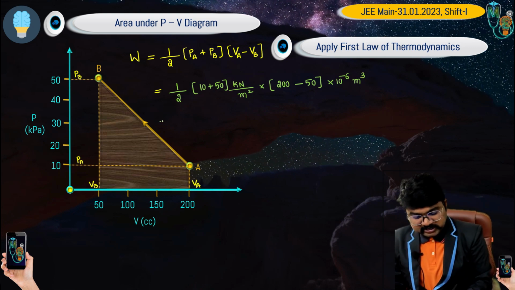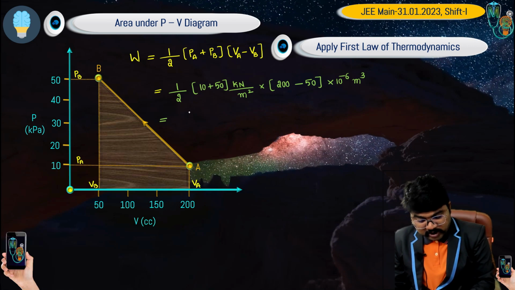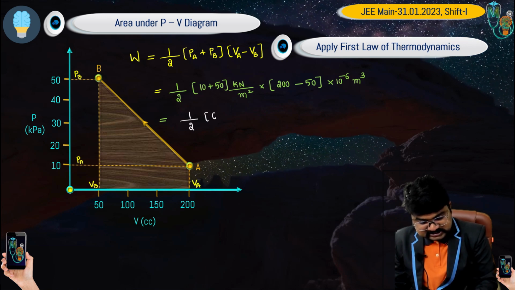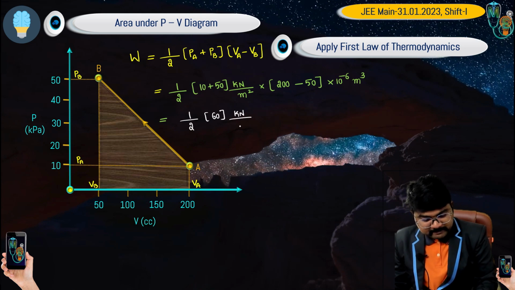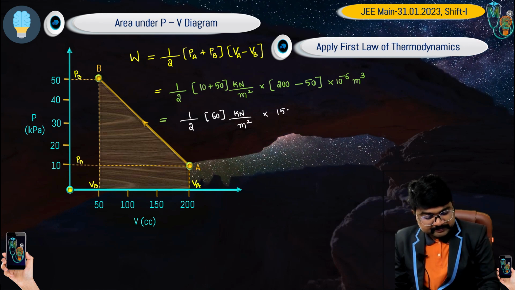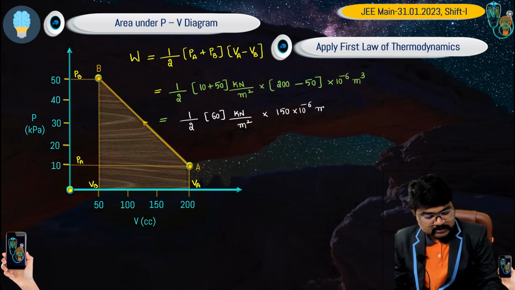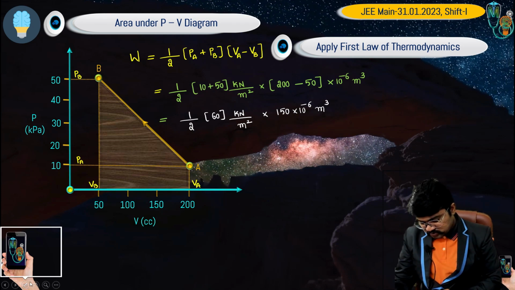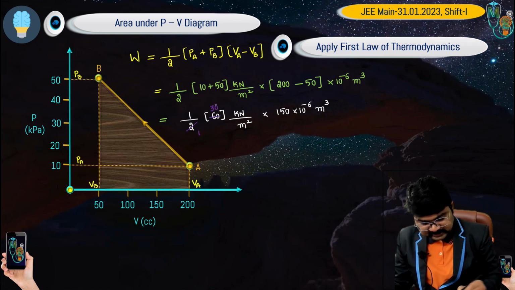So 1 by 2 into 60 kilonewton per meter square into 150 into 10 power minus 6 meter cube. Two ones are 2, 30.